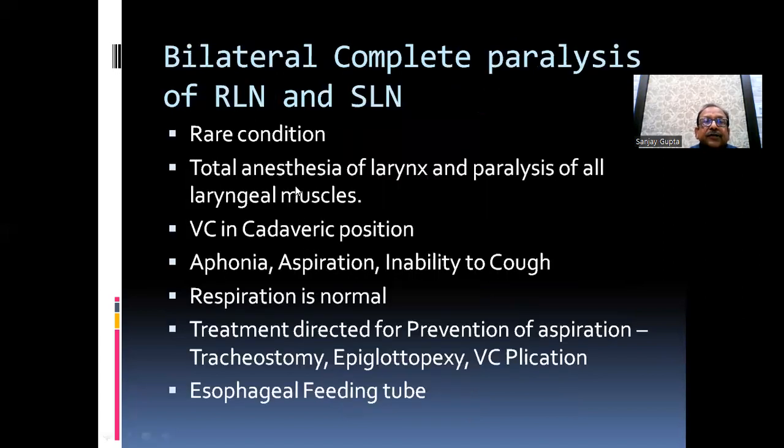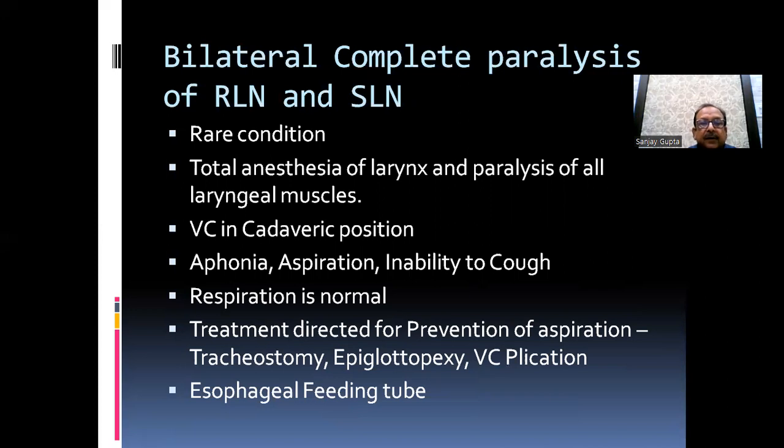This is a rare condition, bilateral complete paralysis of recurrent laryngeal nerve and superior laryngeal nerve. In this, there will be total anesthesia of the larynx and paralysis of all laryngeal muscles. The vocal cord will be in a cadaveric position. The patient will complain of aphonia, aspiration, inability to cough or a very weak cough.